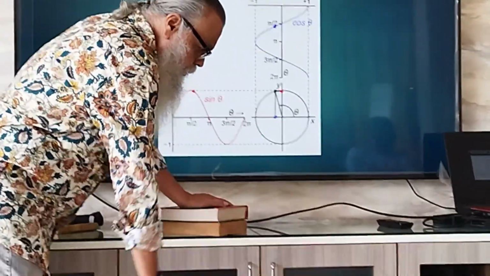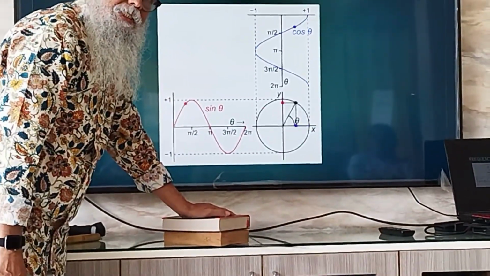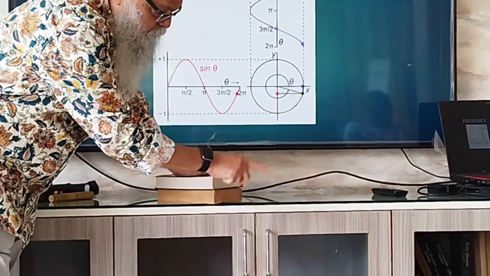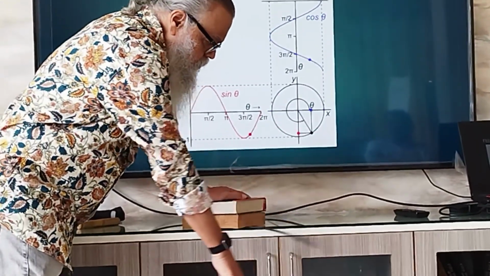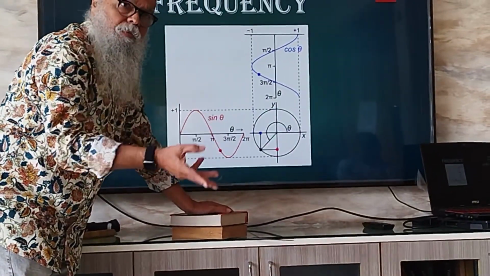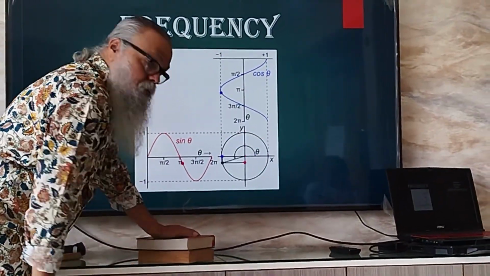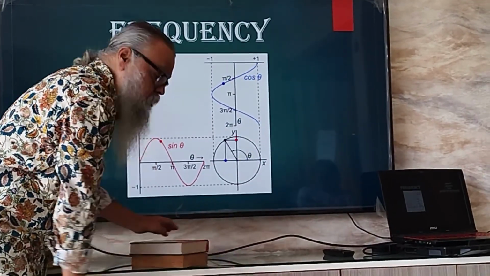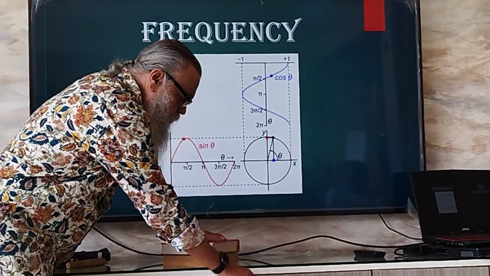Now if I do it like this, see, this is vibration. We can see it vibrates maybe 6-7 times per second, so this is its frequency. Now if I make this scale shorter, the frequency will increase.